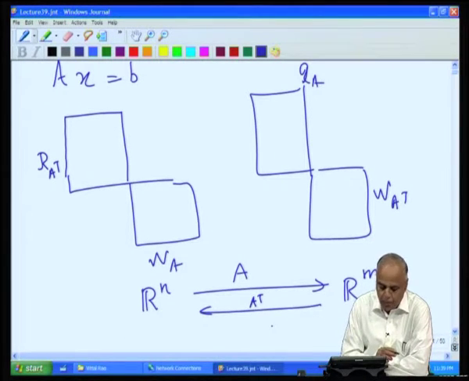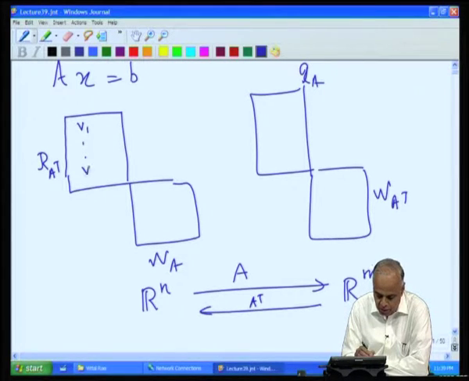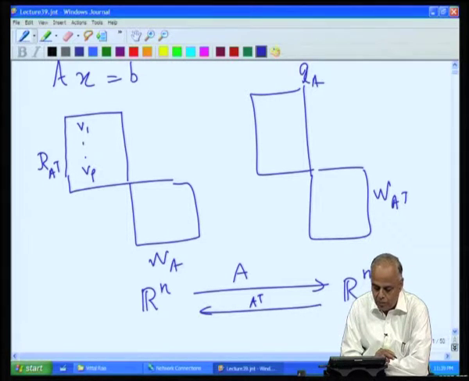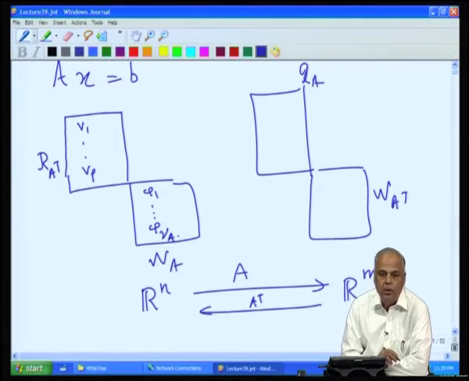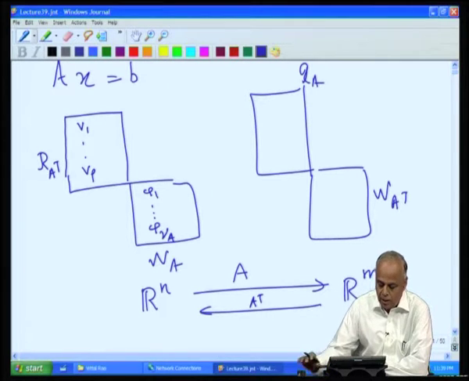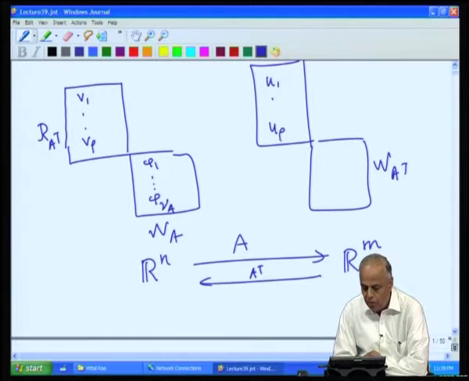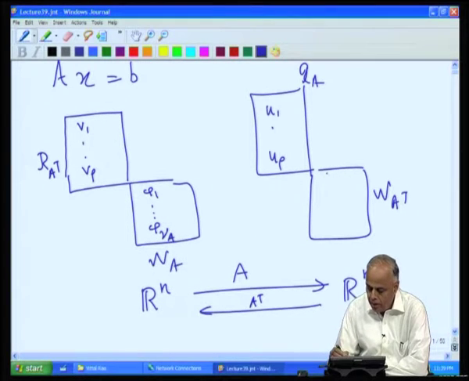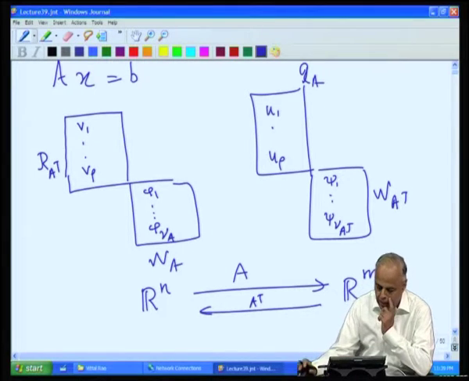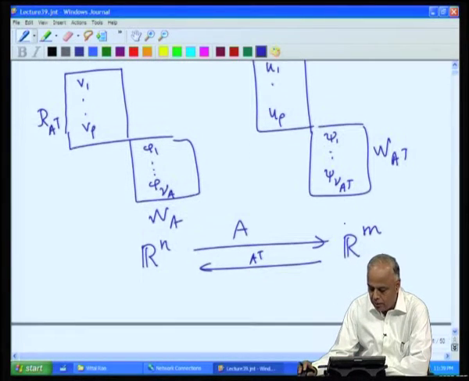And the basis that we chose were: v1, v2, ..., v_rho is an orthonormal basis for the range of A transpose. phi 1, phi 2, ..., phi nu_A was an orthonormal basis for the null space of A. u1, u2, ..., u_rho was an orthonormal basis for the range of A, and psi 1, psi 2, ..., psi nu_A transpose was an orthonormal basis for the null space of A transpose.